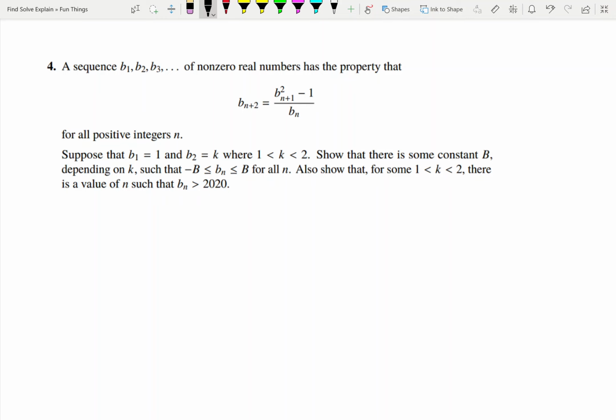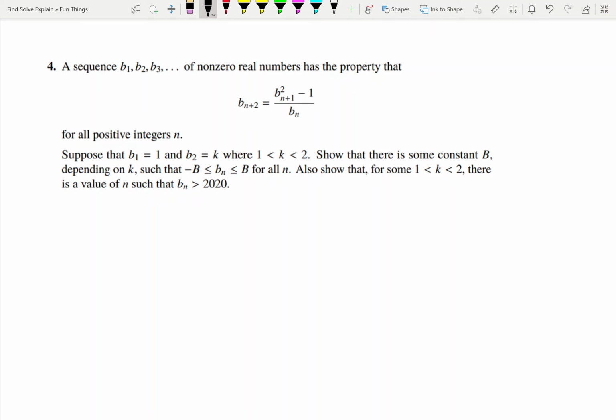Show that there is some constant b depending on k, such that -b is less than or equal to b(n), which is less than or equal to b, for all n. Also show that for some k, there is a value of n such that b(n) is greater than 2020.